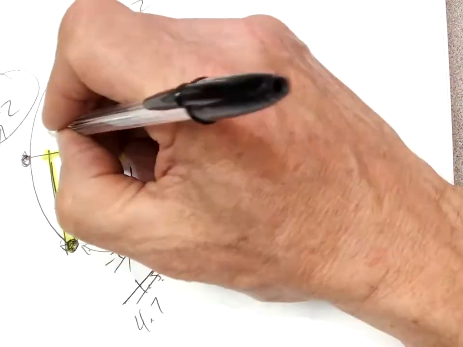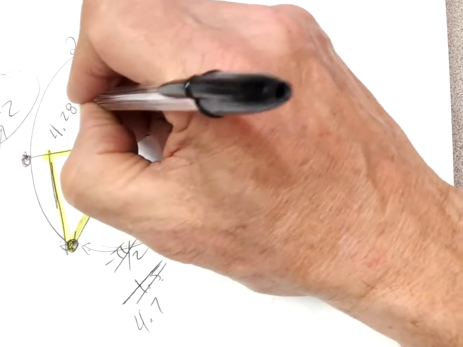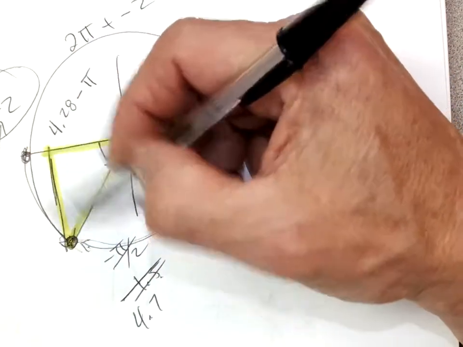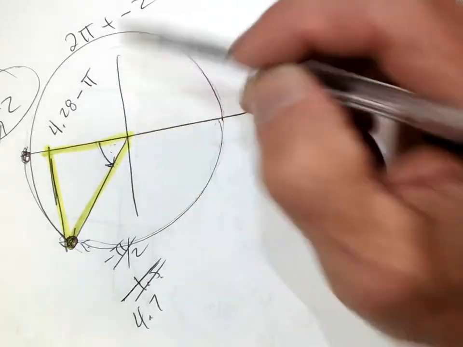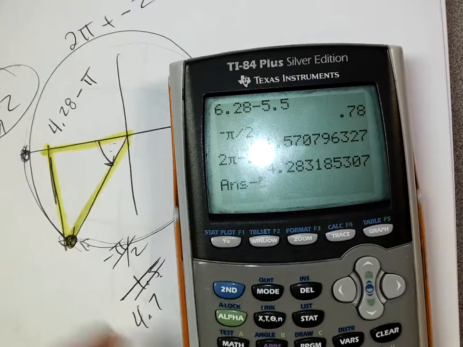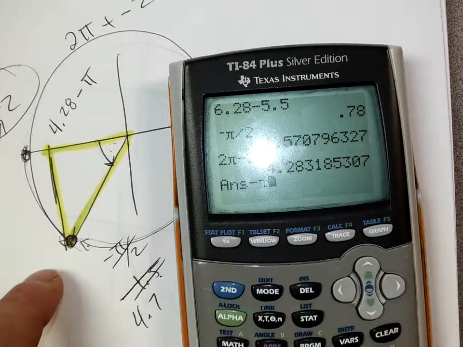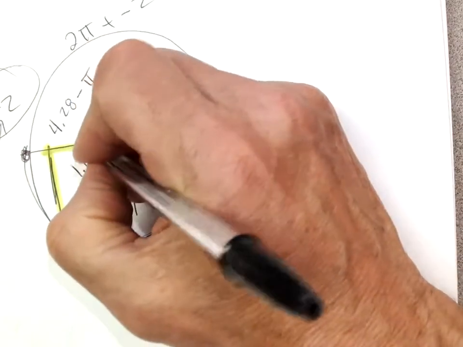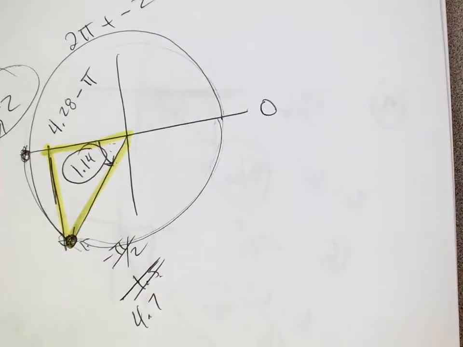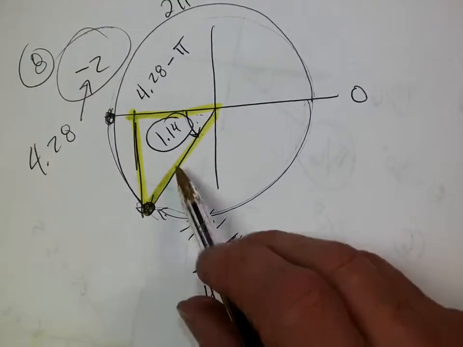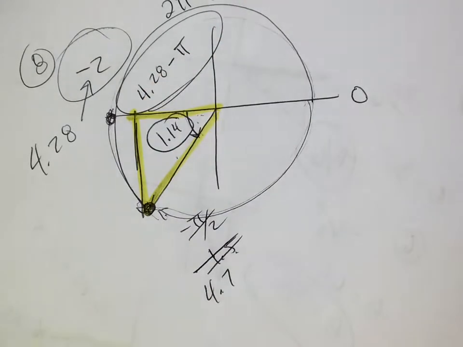So if I take 4.28 and minus pi from it, that gives me what's left over. I'll get this reference angle. 4.28 minus my pi, and my reference angle or number is about a 1.14. Wait, could you go back? Did you get the 1.14? Yeah. Right there. Oh, okay.